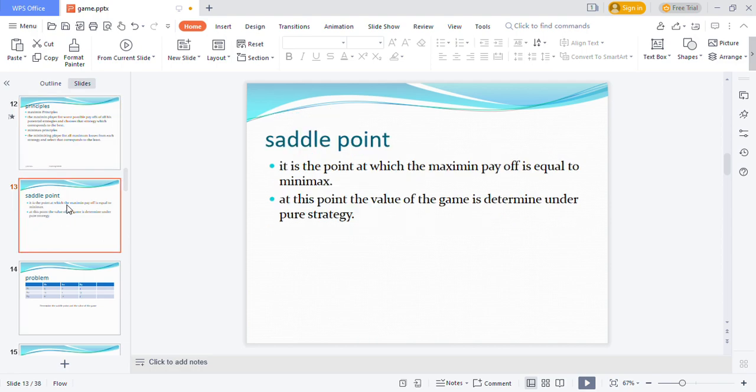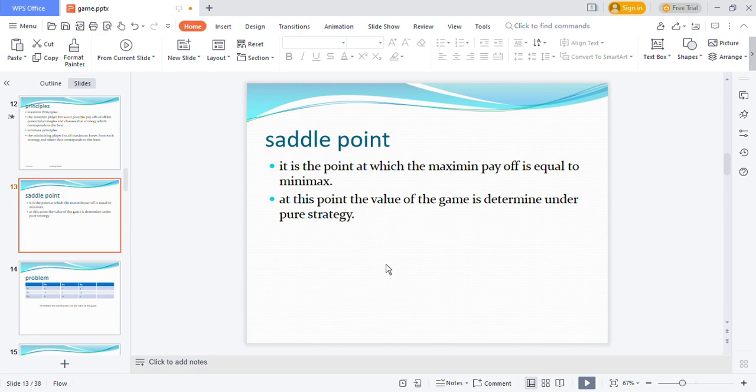Now, how do you get the value of the game? Saddle point becomes a critical component. What is a saddle point? It is a point at which the Maximin payoff is equal to the minimax payoff. At this point, the value of the game is determined under a pure strategy.